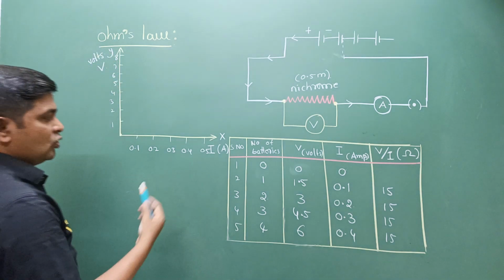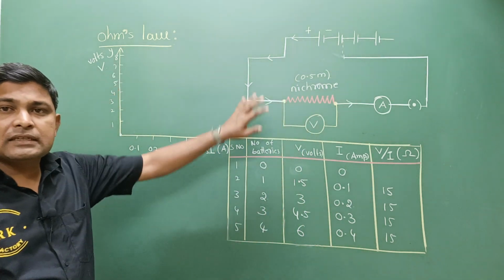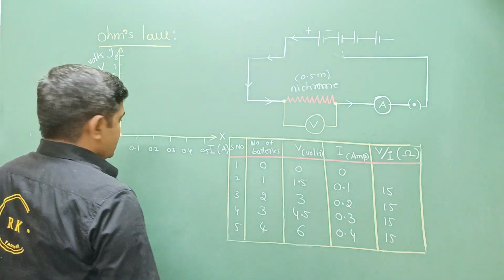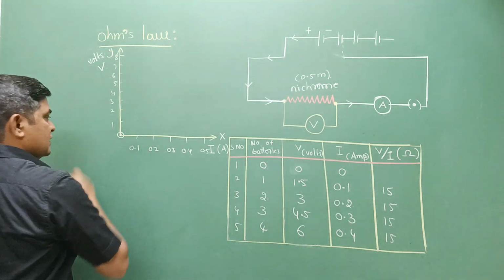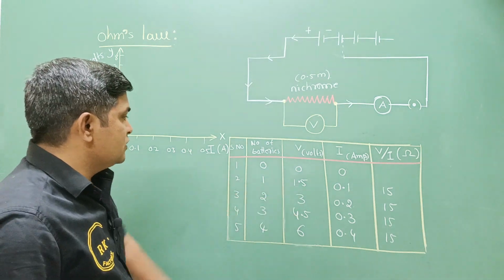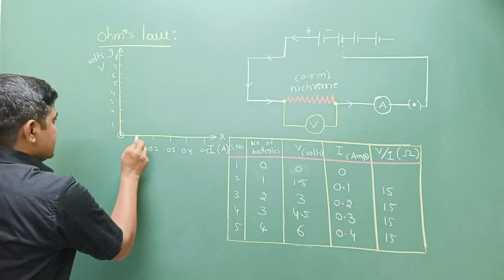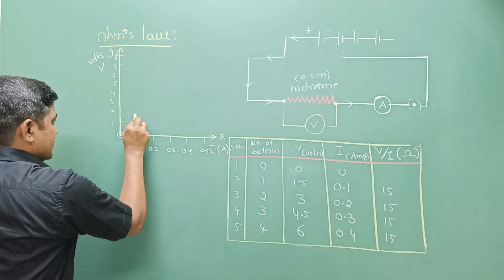Now let me draw the graph for the values I got when I was doing this experiment. First one 0, 0 started from here, it's the origin point. Next, the second one is 1.5 volt and 0.1 amp, where these two meet.